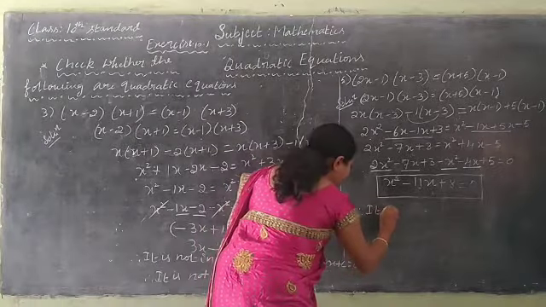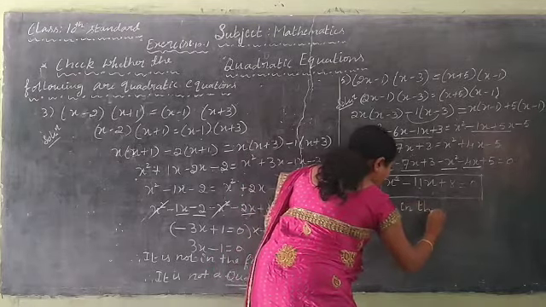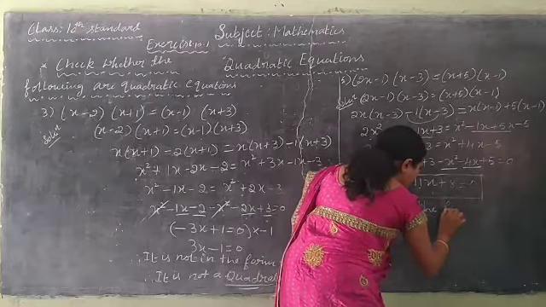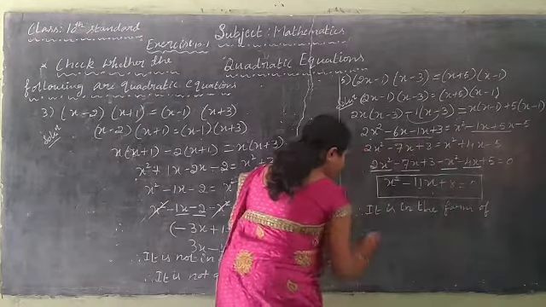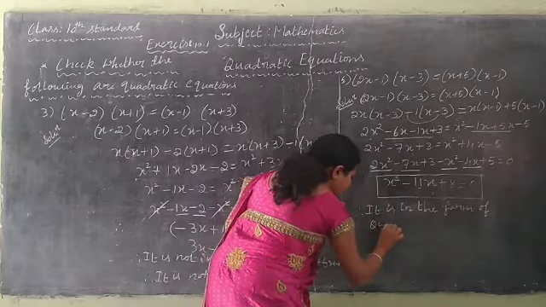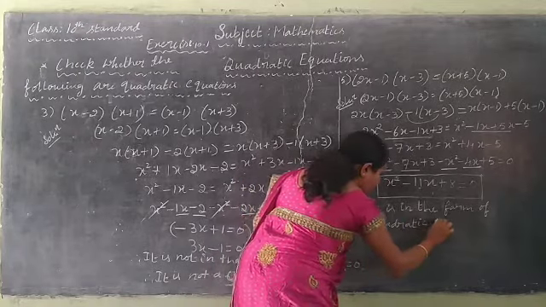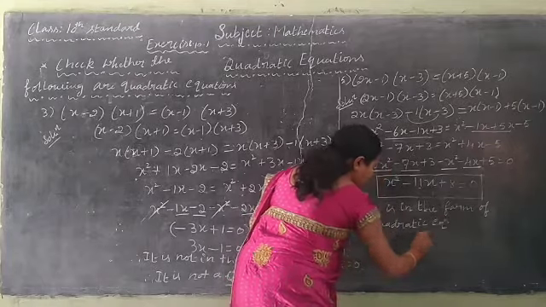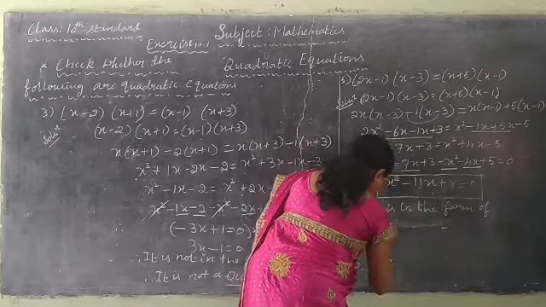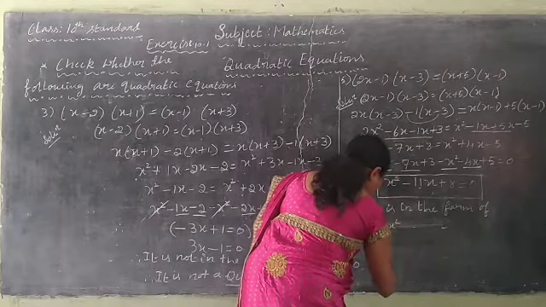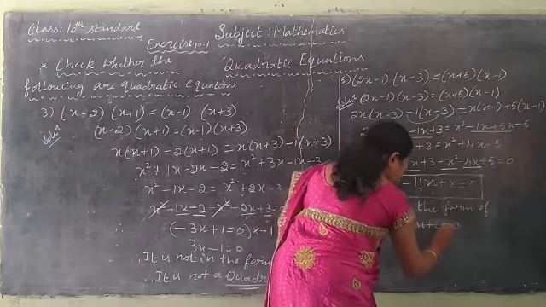It is in the form of a quadratic equation. So it is in the form of ax square plus bx plus c is equal to 0.